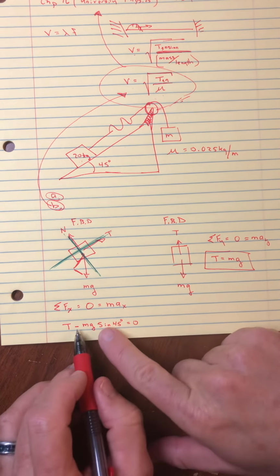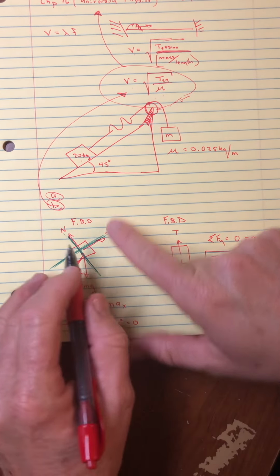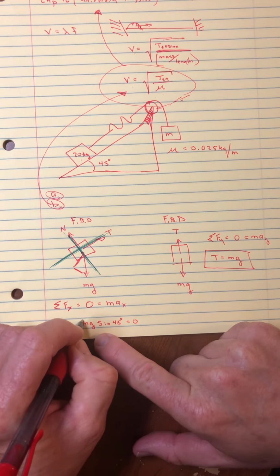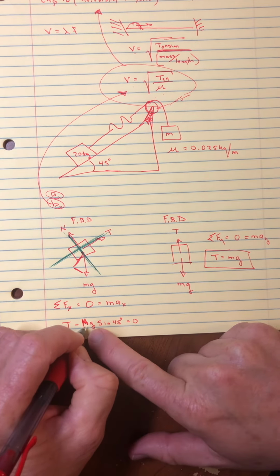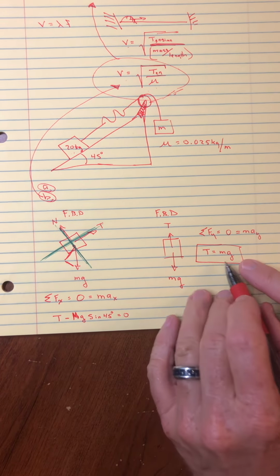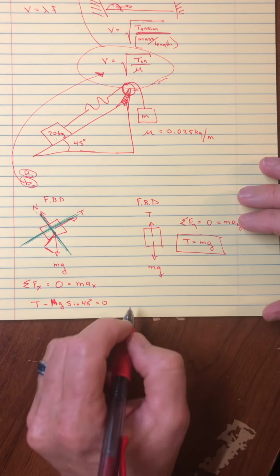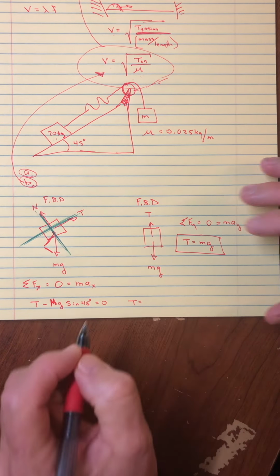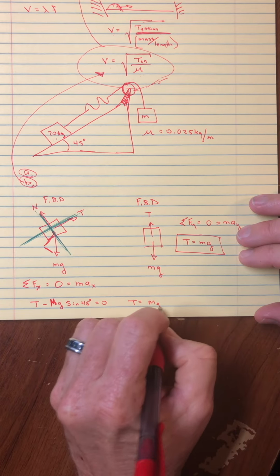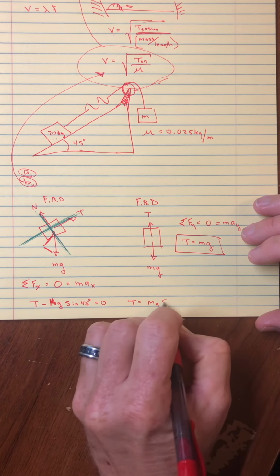Now, I should be careful with my M because this is the M of the 20 kilograms. So let me put a capital M here because I don't want you to confuse it with the little m that I said earlier. But in either case, this gives us a chance to figure out what the tension is.